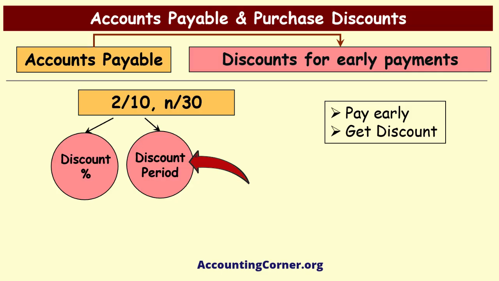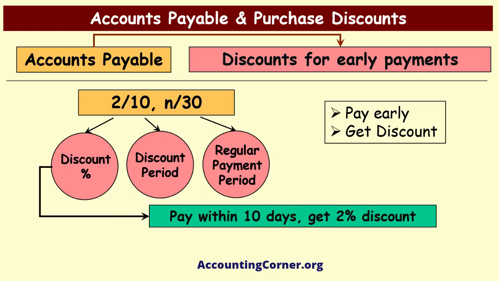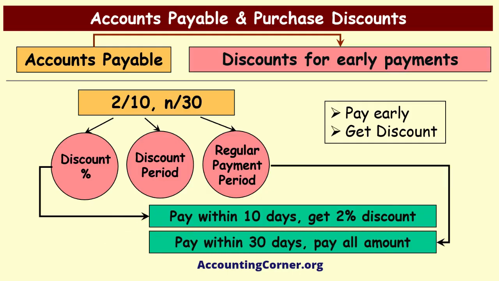Payment must be done within 10 days in order to get a discount. 30 is normal payment period in days. These terms mean that if payment is within 10 days, the buyer gets 2% discount. In case payment is done within 30 days, all amount must be paid.